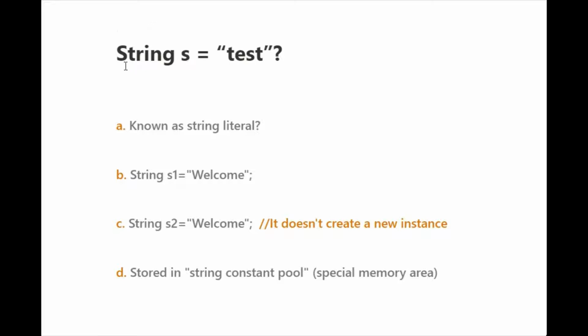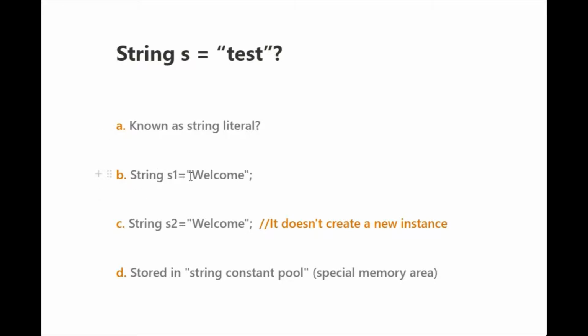Suppose you are creating a string using String s = "test". It will first check if any "test" string is already created in the memory. If it is already created, it will not create a new one. It will just refer this variable to that already created instance.